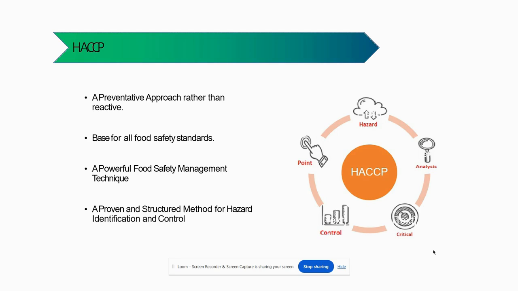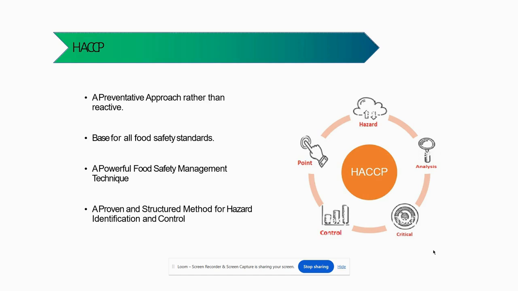HACCP is considered to be a preventive approach rather than a reactive approach. When we establish the HACCP system as per the food safety standards, we are able to control or prevent hazards, whereby we can provide safe food to the consumers.